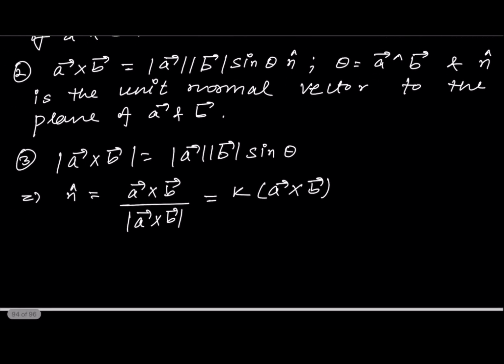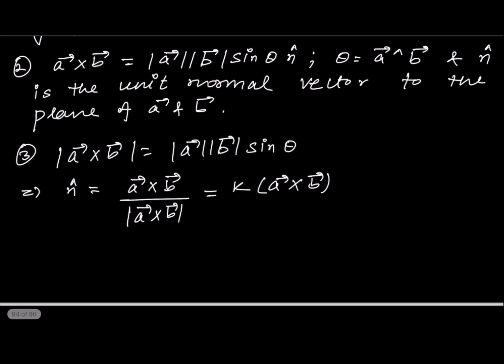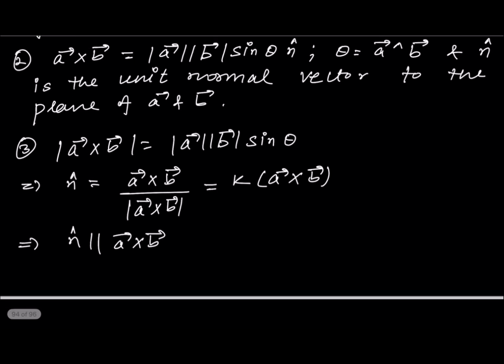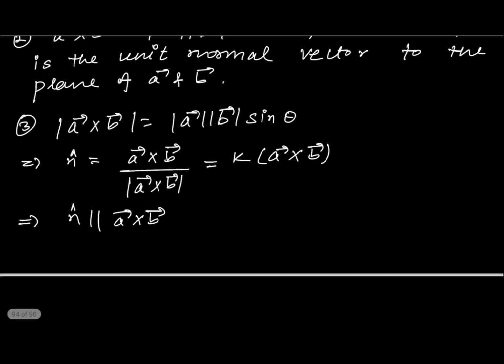So n cap is equal to K times, or scalar multiple of, A cross B. It implies that n cap is parallel to A cross B. It means direction of A cross B is perpendicular to the plane of A and B. Means A cross B is perpendicular to both A vector and B vector, right?